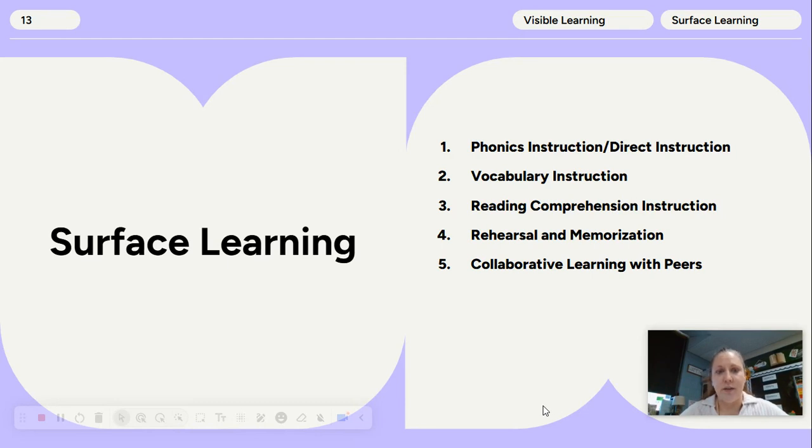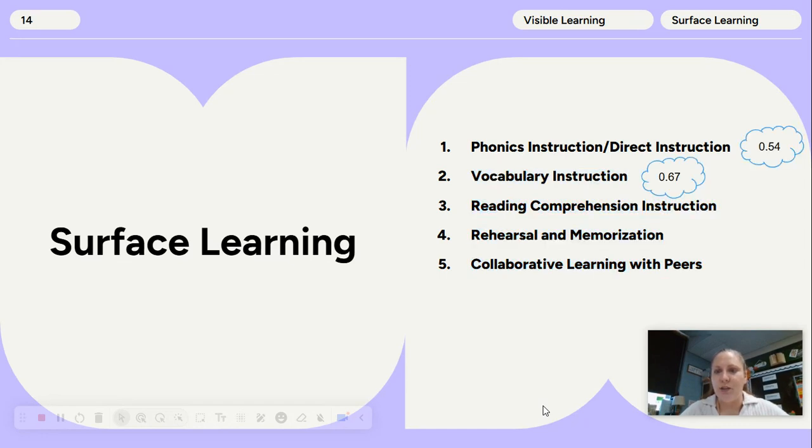Vocabulary instruction is another part of surface learning. Reading comprehension instruction, rehearsal and memorization, and collaborative learning with peers. So the ones that I'm going to focus on are the last four.